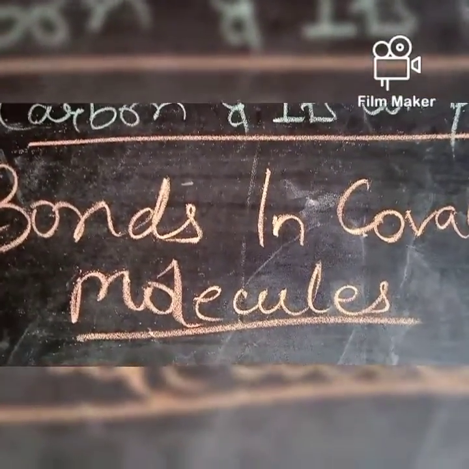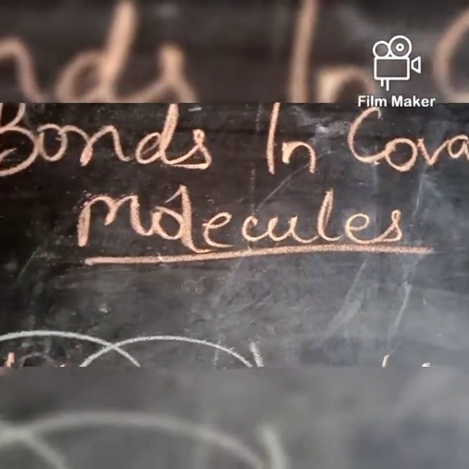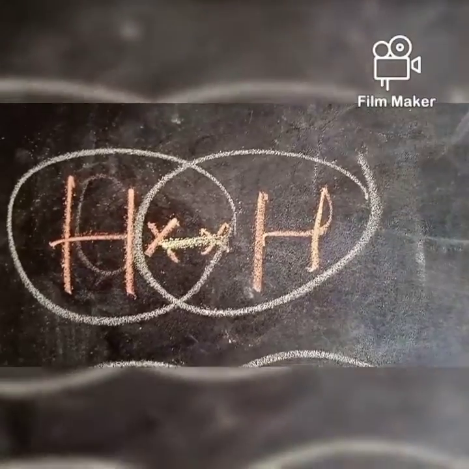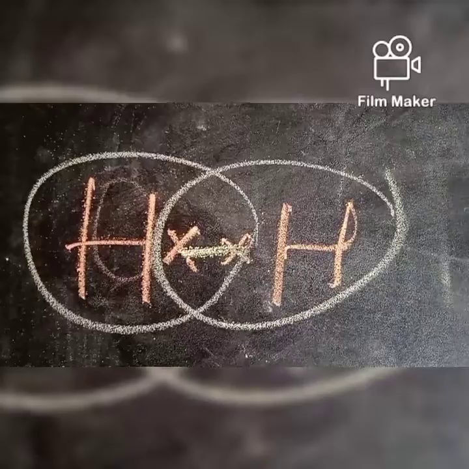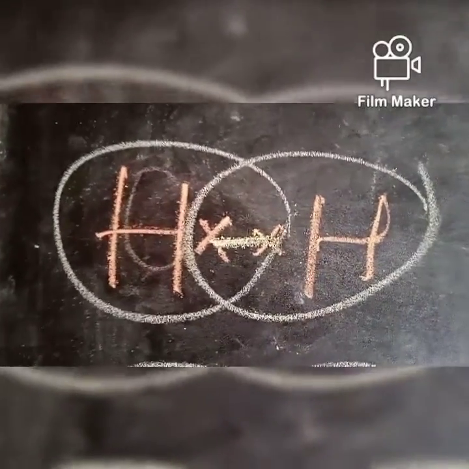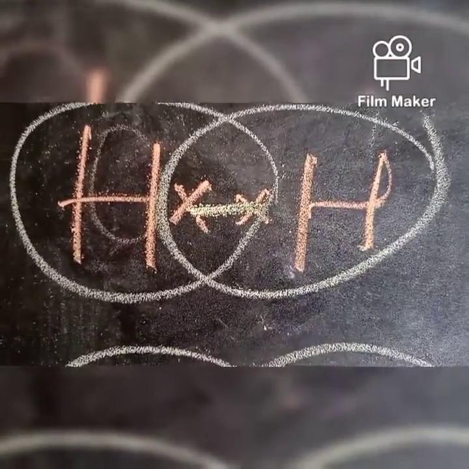Now we'll see how the bonds are formed in the covalent molecules. Suppose we have hydrogen which is going to combine with another hydrogen. Both of them cannot give the electron to each other, they can share the electron. Hydrogen has one electron in its last shell, so does the other hydrogen also.